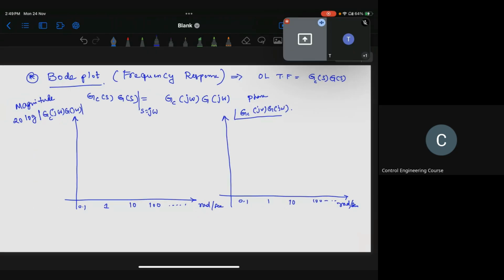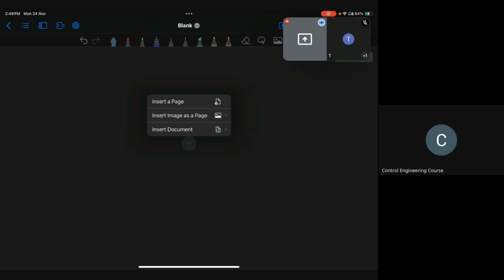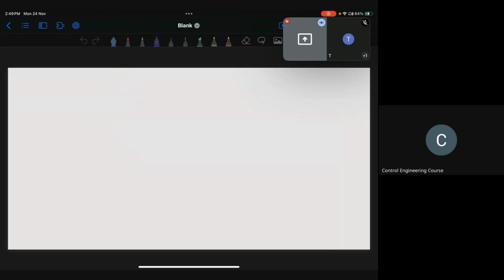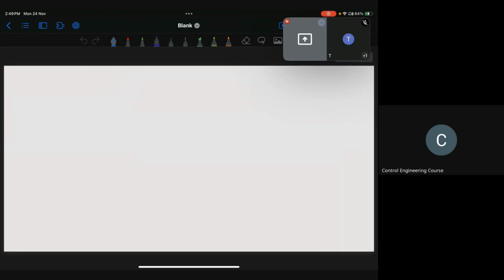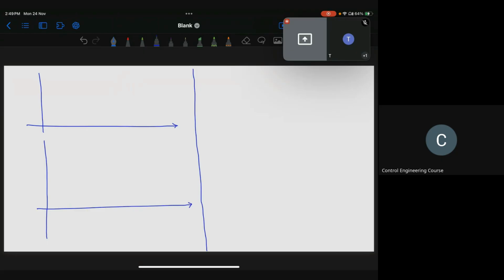First we will see what the major things in the Bode plot are. Let me separate this into two: one with the magnitude plot and one with the phase plot. This is omega, the frequency.